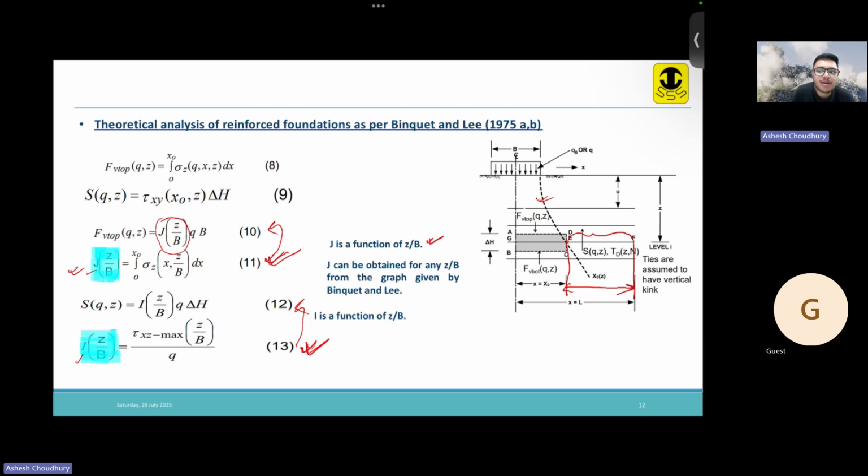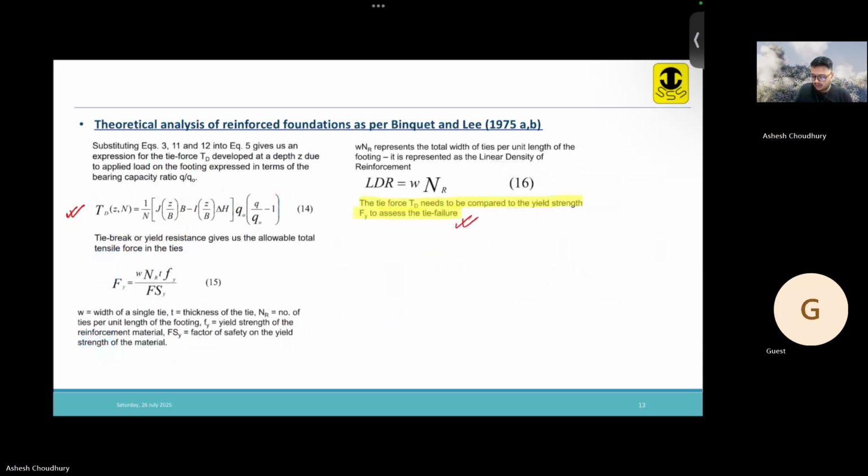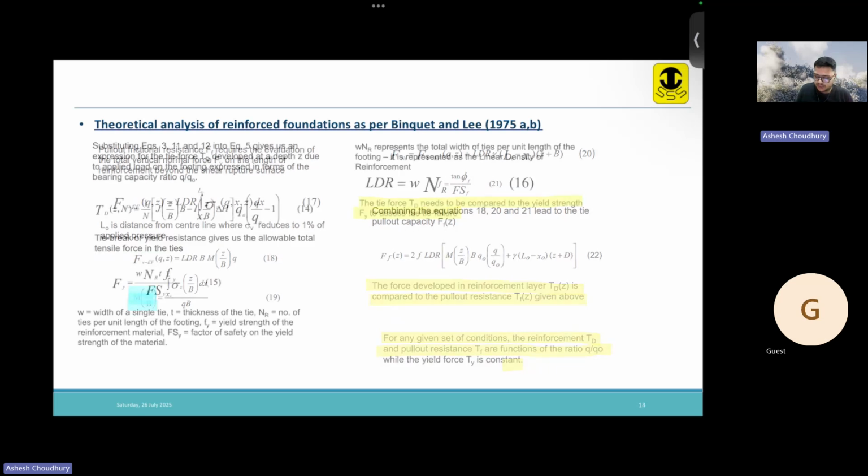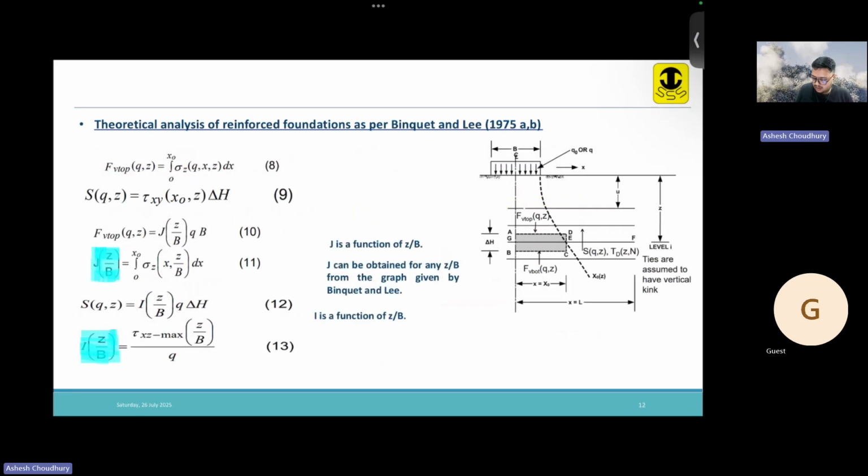We need to calculate this pull-out force at this region, because that is the length which will prevent the pull-out. That is the anchorage length or the embedment. So we need to integrate in this part of the reinforcement. Hence, we are integrating from X naught to L naught. L naught is the distance from the center line where sigma b reduces to 1% of the applied pressure.